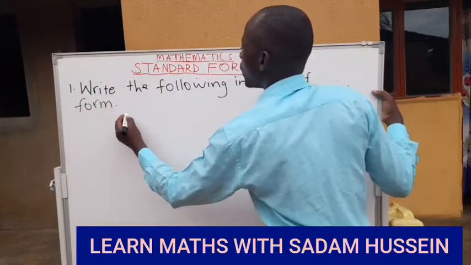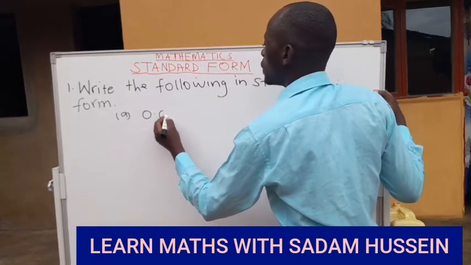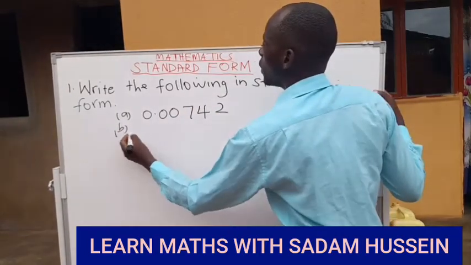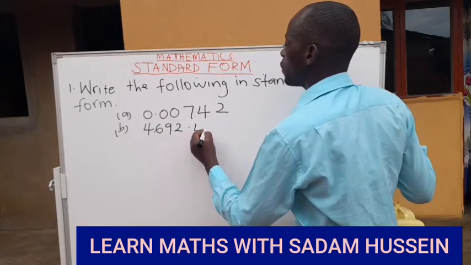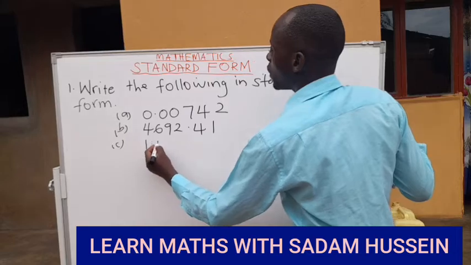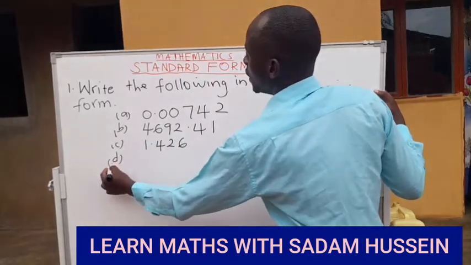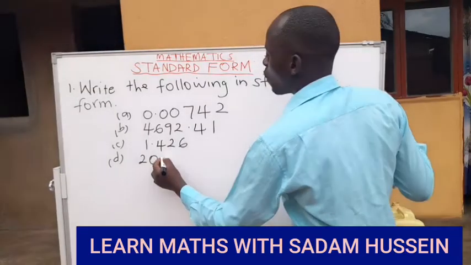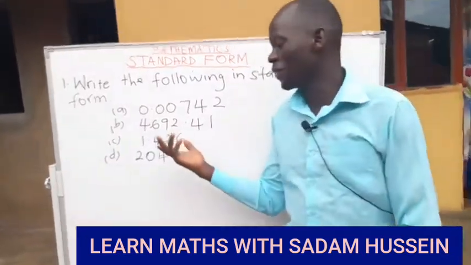Part A, 0.00742. Part B, 4692.41. Part C, 1.426. Part D, 204. There are only 4 numbers.